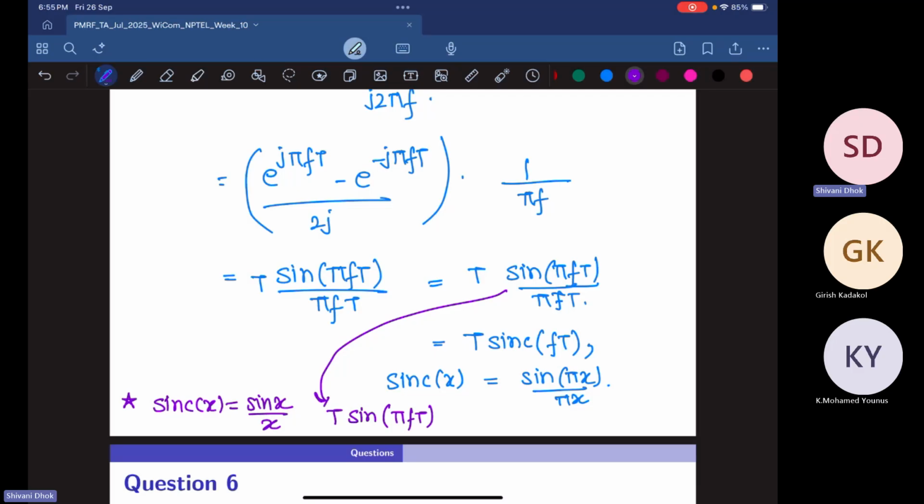So whenever you are referring to different books, you might find different expressions for the Fourier transform of a rect function. So don't get confused. You first go and see how that particular book defines your sinc function, and then you use it. Be careful. Many people just define sinc as sine x by x, and some people normalize it with respect to pi. Okay.